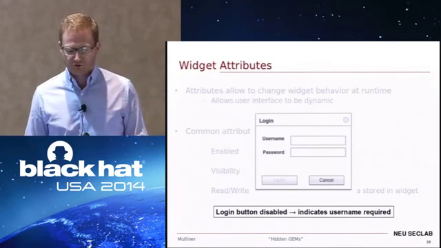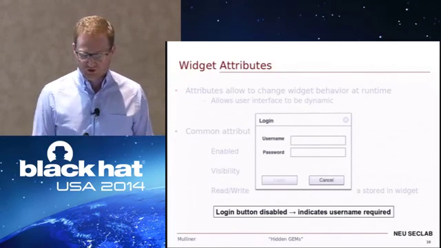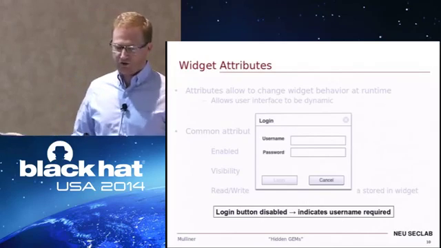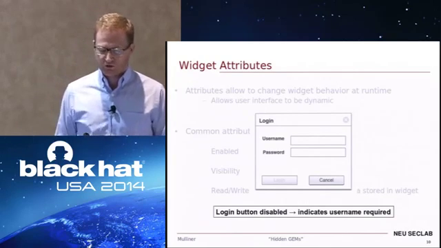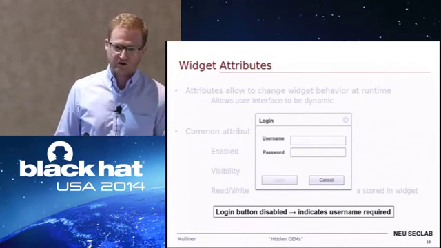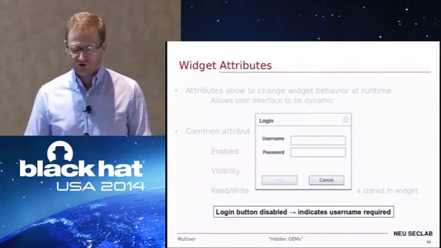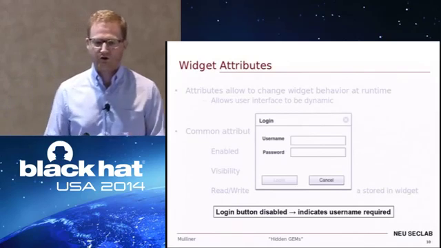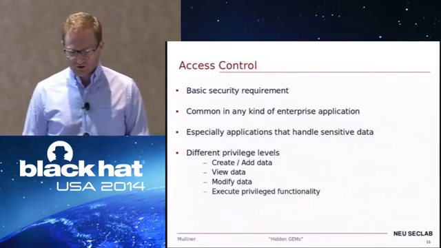This is really built for making nice, smooth user interfaces. For example, a very common thing, you have a login screen, you have to type your username and password, and the login button is disabled until the UI sees, hey, there's actually stuff entered there. This gives you visual feedback on how you're supposed to use this application.